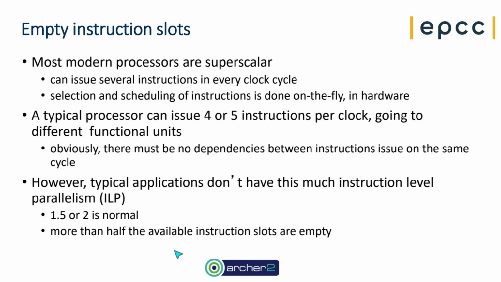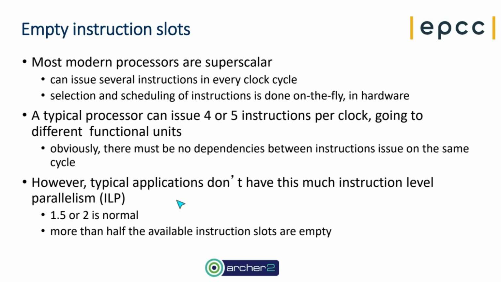Most modern processors are superscalar, so they can issue several instructions in every clock cycle. Typically you get 4 or 5 instructions per clock going to different functional units. But the problem is that most typical applications don't have that much instruction level parallelism.